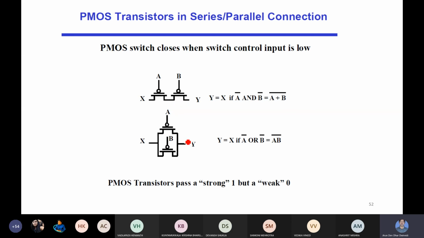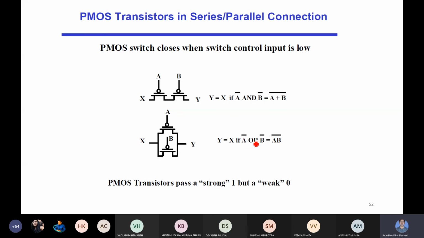Similarly, if the PMOS is connected in parallel, then it will implement A bar or B bar. So it implements the OR function, but not exactly A or B; it implements the complement.